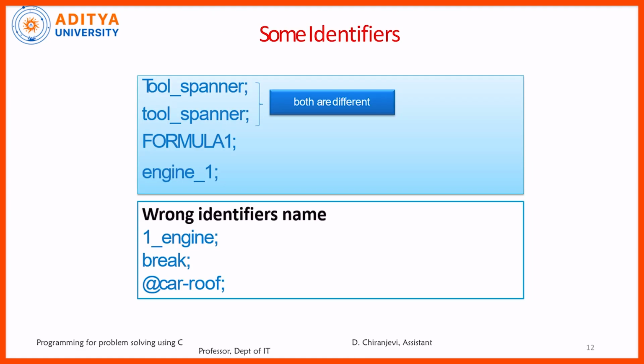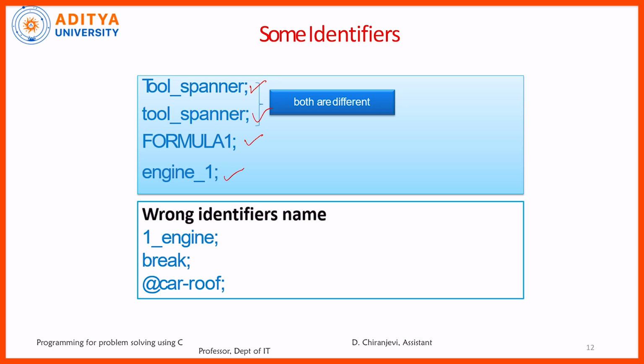Now some identifiers. If you see these identifiers, tool spanner is separated with an underscore, so this is a correct identifier. In the same manner, toolspanner in small case is also a correct identifier. But because C is a case sensitive language, these are two different identifier names. Formula1 is also correct and engine1 is also correct.